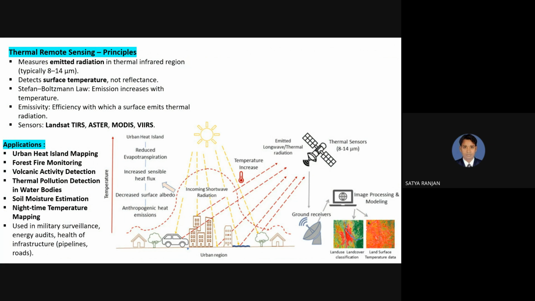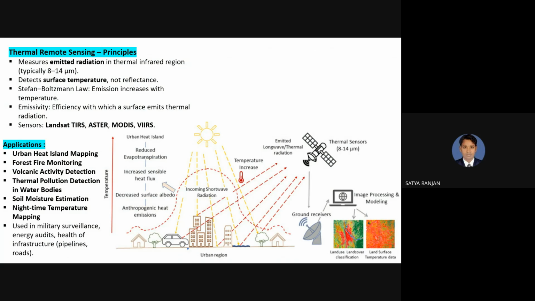What is the application of this thermal remote sensing? Generally, thermal remote sensing has a lot of applications like urban heat island mapping. We can monitor and calculate which urban area has the highest temperature in different areas in different seasons. Then forest fire monitoring, for which we can use the thermal sensor.